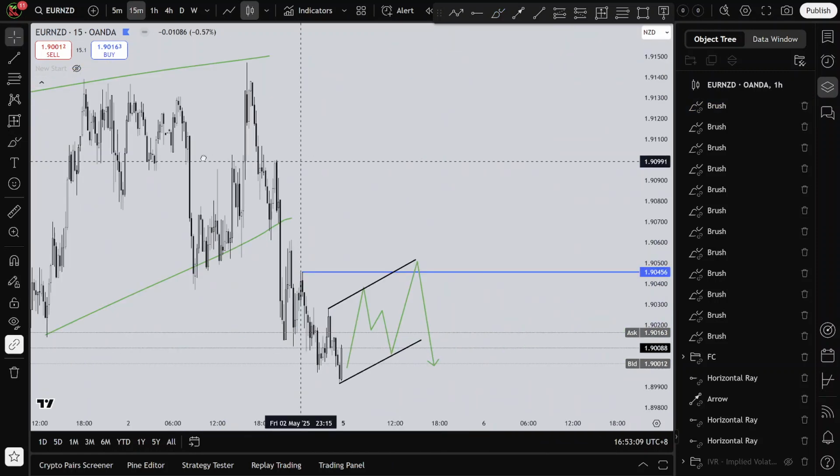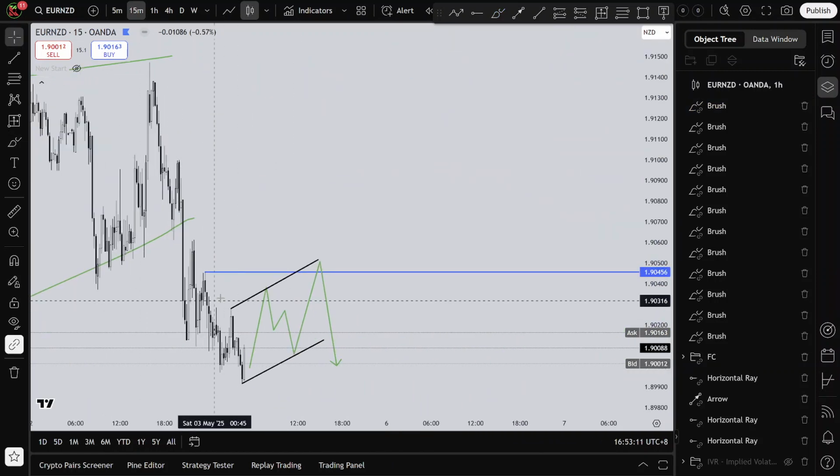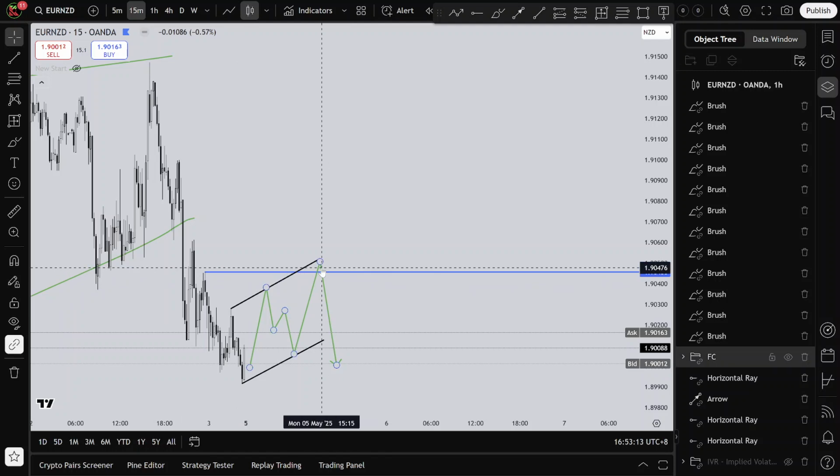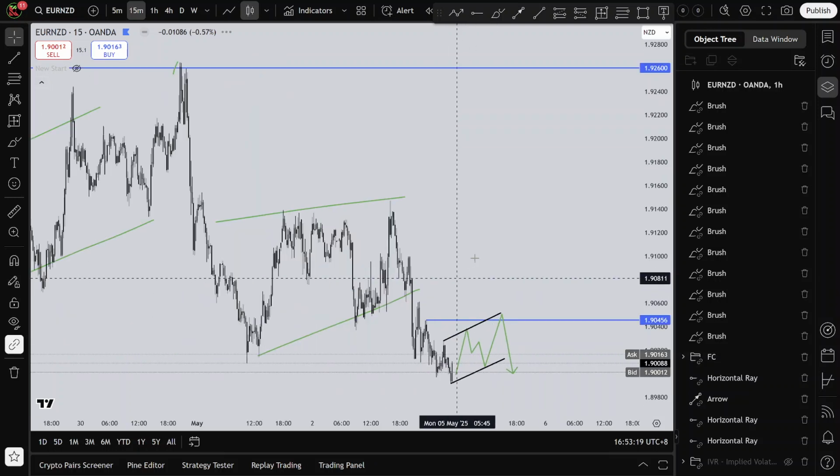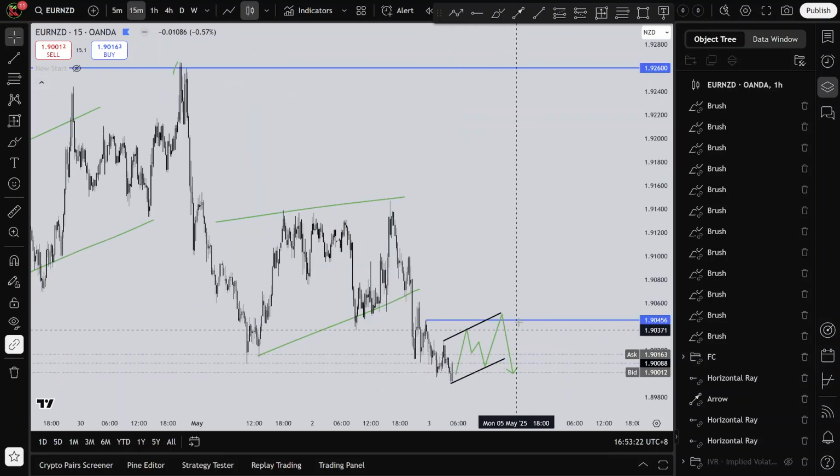That would also be something, if we get deliberate price action during Asia session, that would then be ready in London session and would be okay to enter a short trade in this area, because it gives us enough room to manage the trade into the next inflection point.